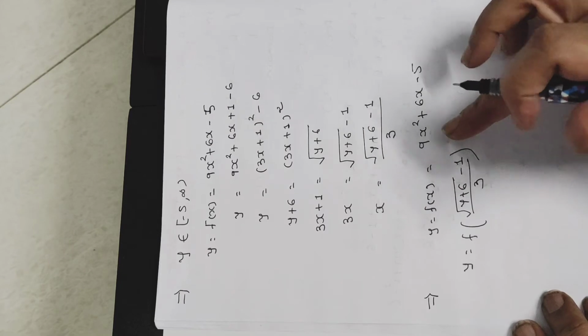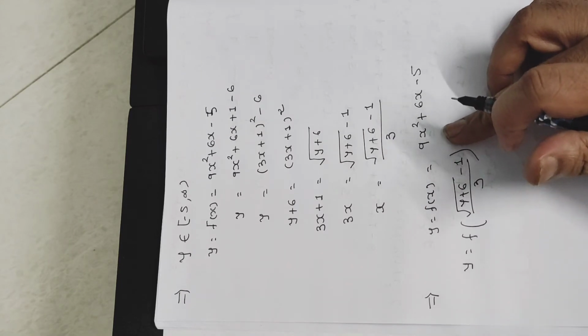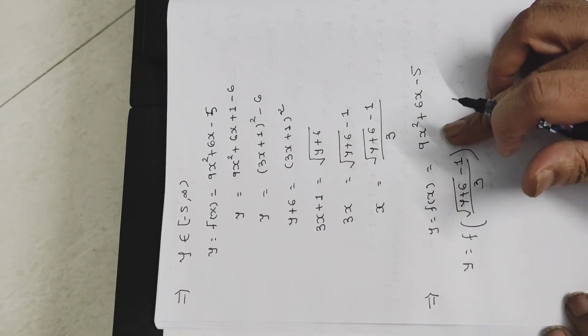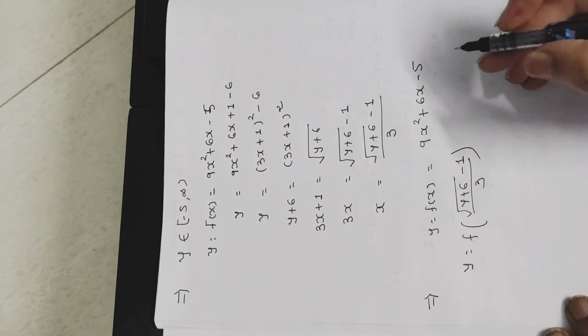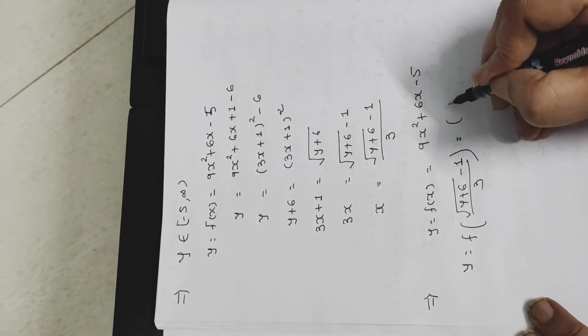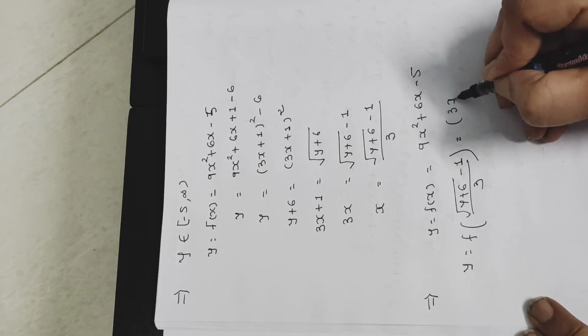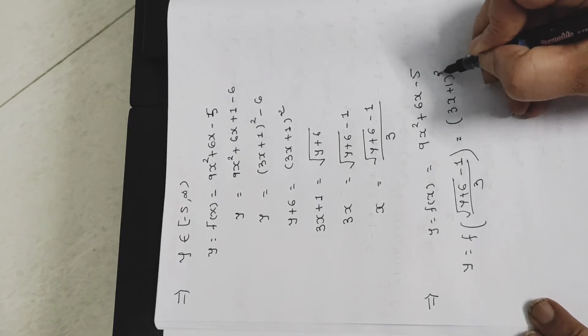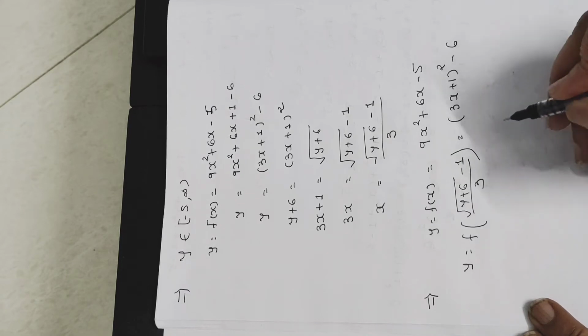These I have to put in this. So this is nothing but 3x plus 1 whole square minus 6 I will put.